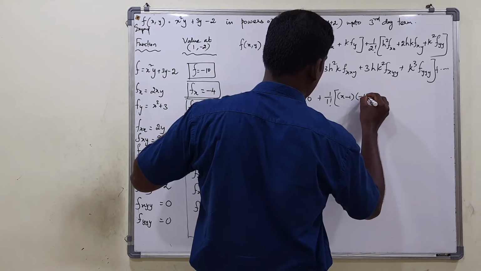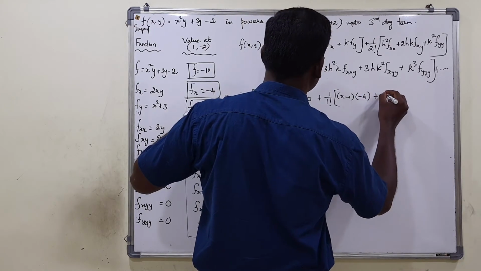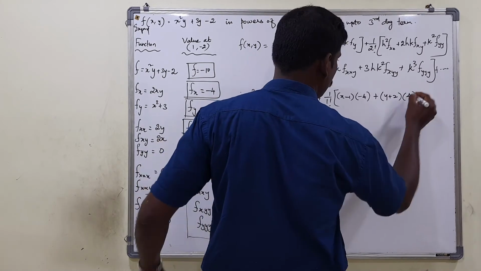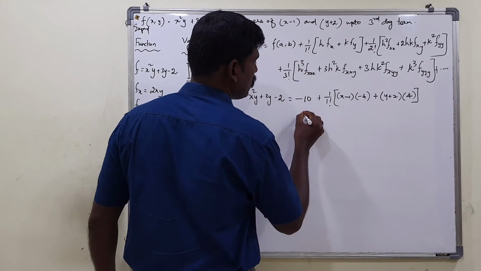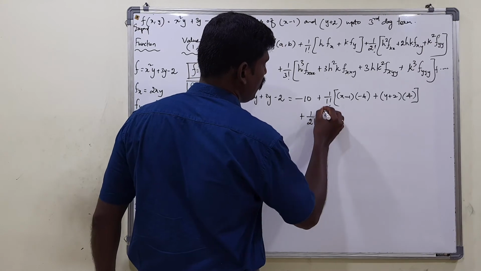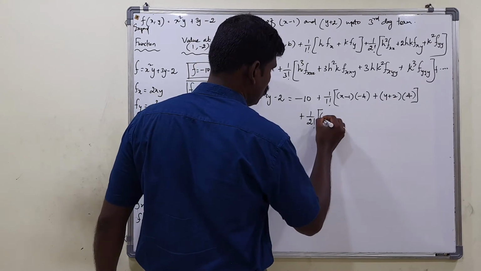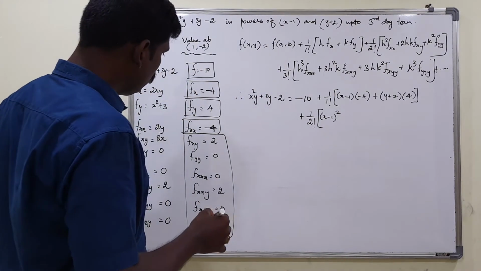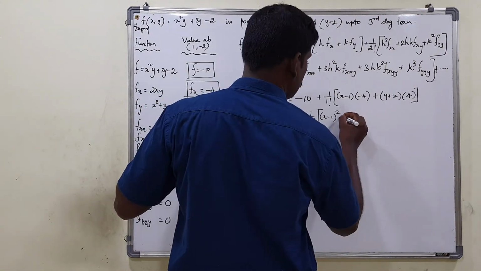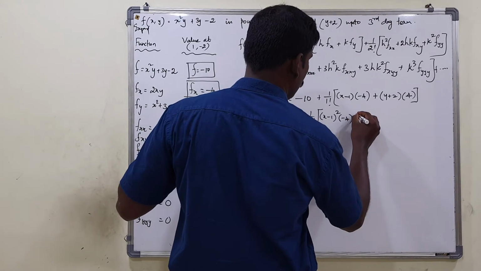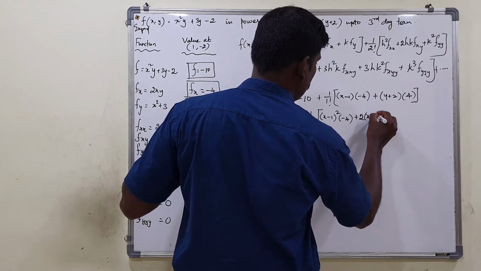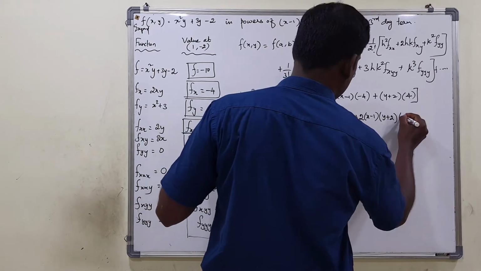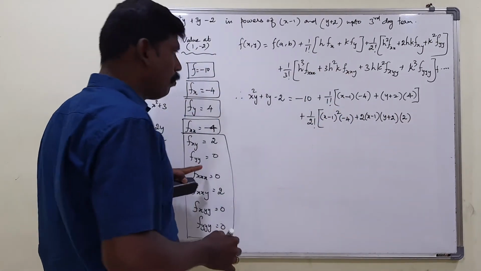Minus 4 plus what is k? y plus 2 into plus 4, plus 1 by 2 factorial into h square, x minus 1 the whole square, into f_xx which is minus 4, plus 2 into x minus 1 into y plus 2 into f_xy which is 2, and then f_yy is 0.